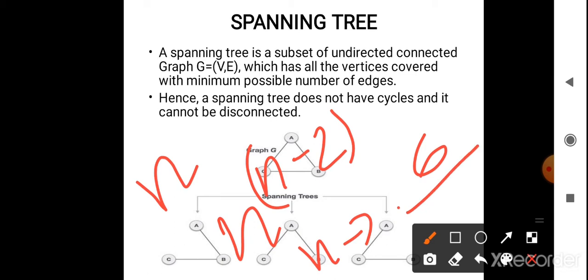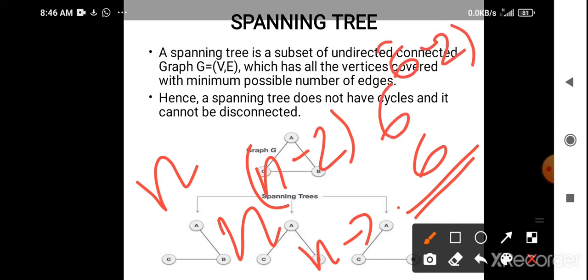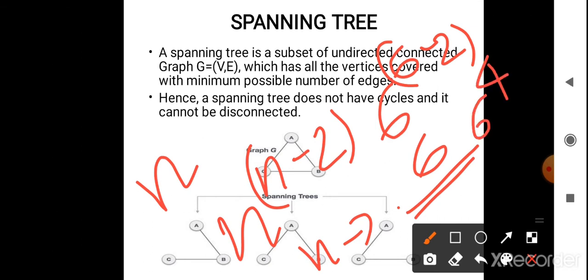Suppose there are 6 vertices, then the total number of spanning trees is 6 raised to 6 minus 2, that is 6 raised to 4, which equals 1296. So 1296 spanning trees are possible for a complete graph with 6 vertices.